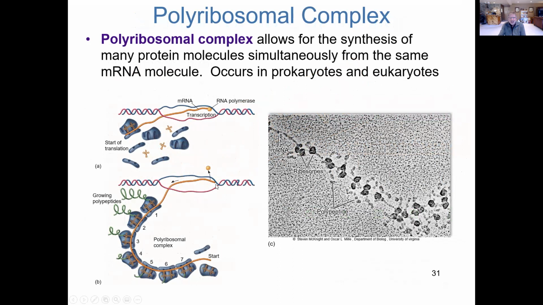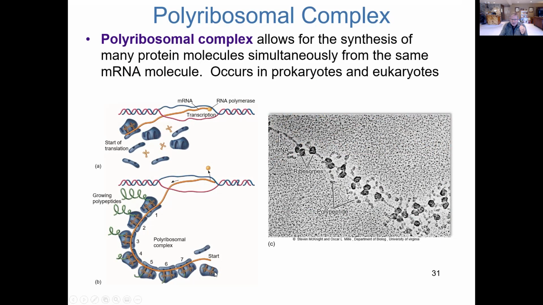When it gets out of the nucleus, if it's a eukaryotic cell, and goes into the cytoplasm, or stays in the cytoplasm in the case of the prokaryotic cell, we see multiple ribosomes associating with the messenger RNA strand, starting at a beginning initiation region and then going to the end.